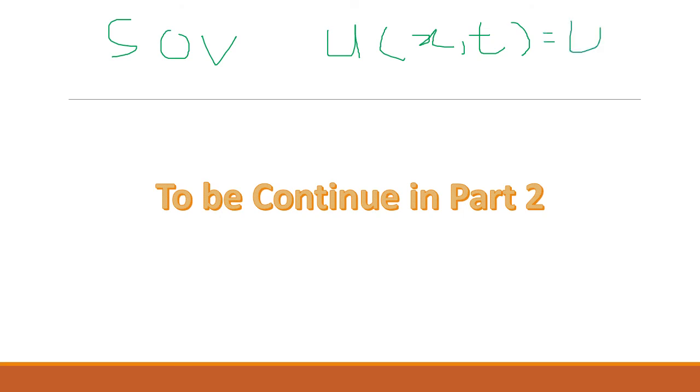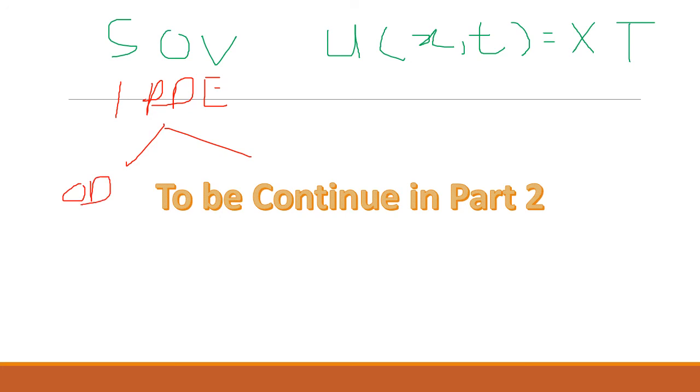Okay, so bila kita separate kan, kita akan gunakan U(x,t) equal to X(x)T(t). So daripada satu PDE ni kita akan dapat 2 ODE.